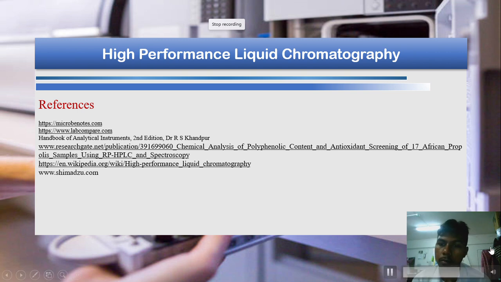So due to various specifications and facilities, we go for the HPLC system. It is definitely useful in the maximum area of analysis.